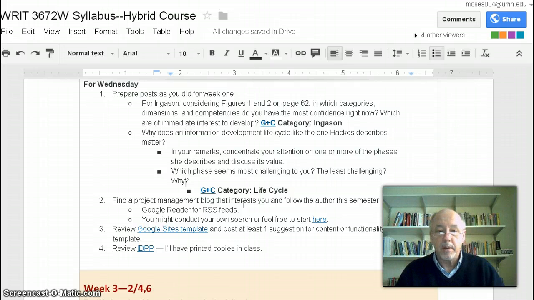You can just have it come right to you. And then to review the site template and to propose improvements to that, or to think out loud, really, because it's so early in the semester, about what that template might look like. And we'll continue to talk about that, and I'll ask more pointed questions as we go. But it's always good for me to know what your initial responses are.